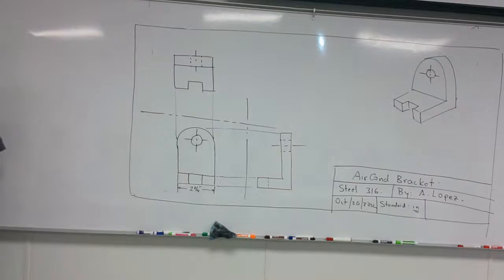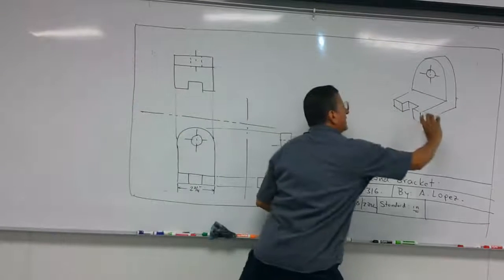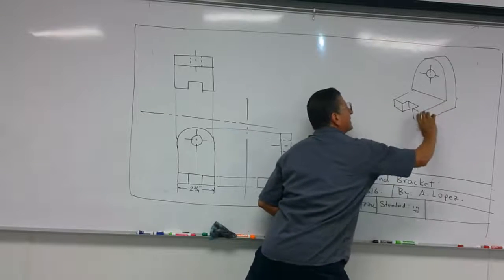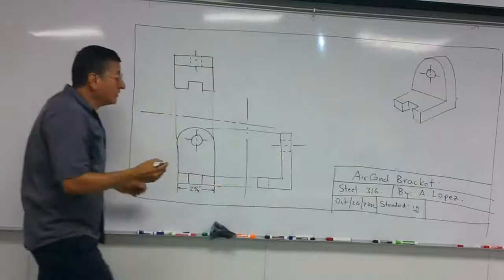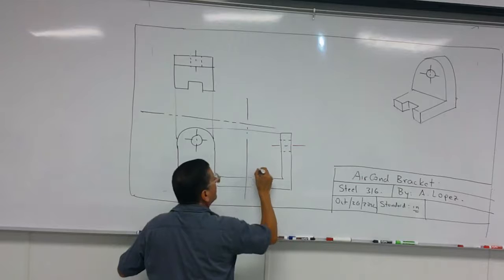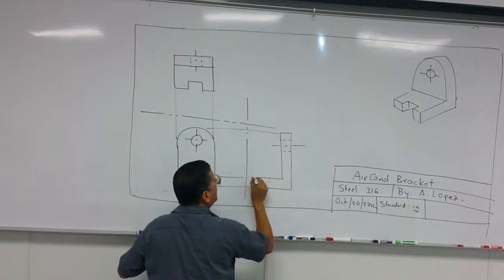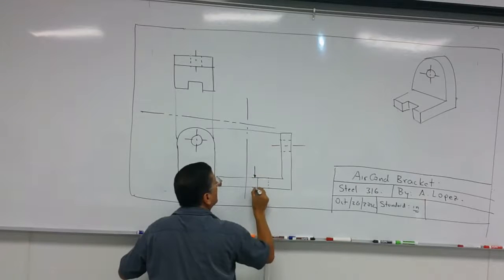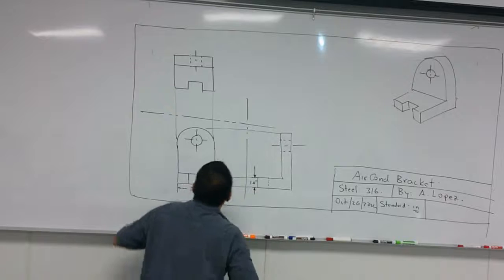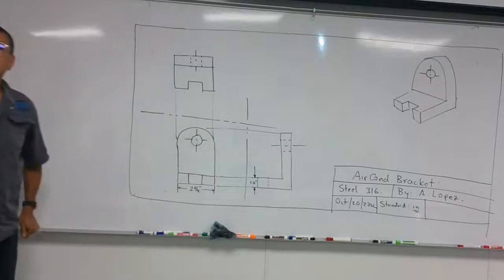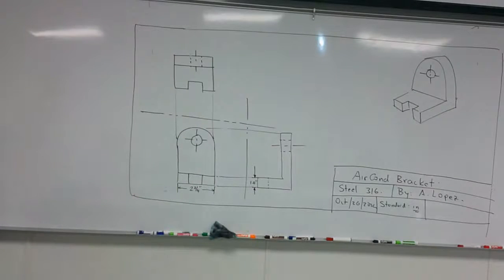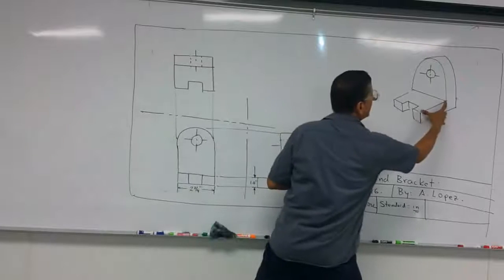That's correct? Where can I indicate this thickness? Lateral or front? In both of them, no? I can indicate here, I extend here, 1.0 inches. Where can I indicate this distance?